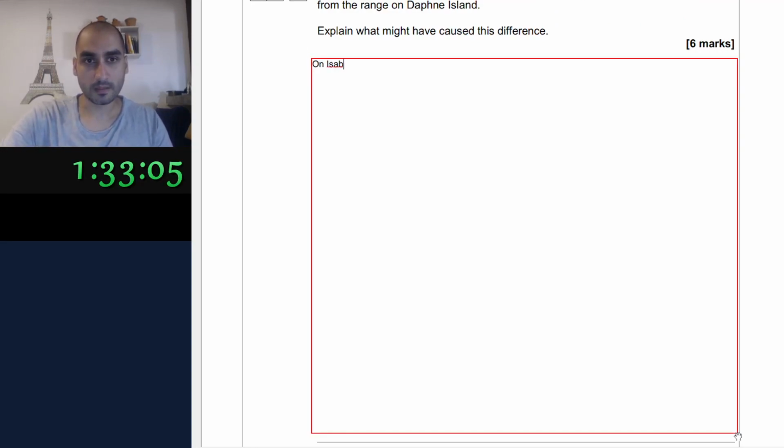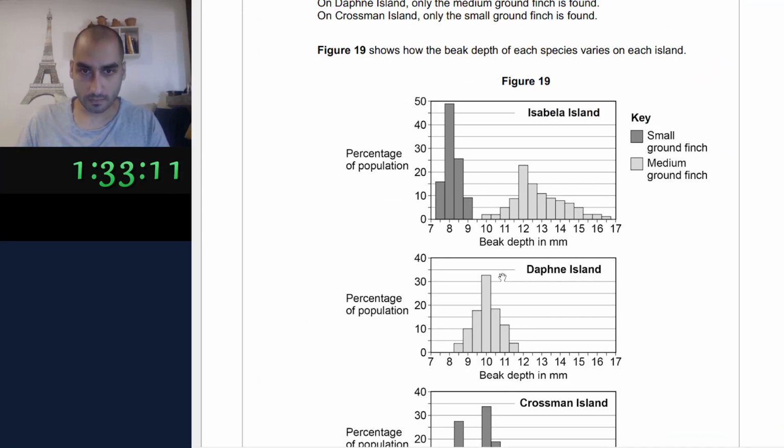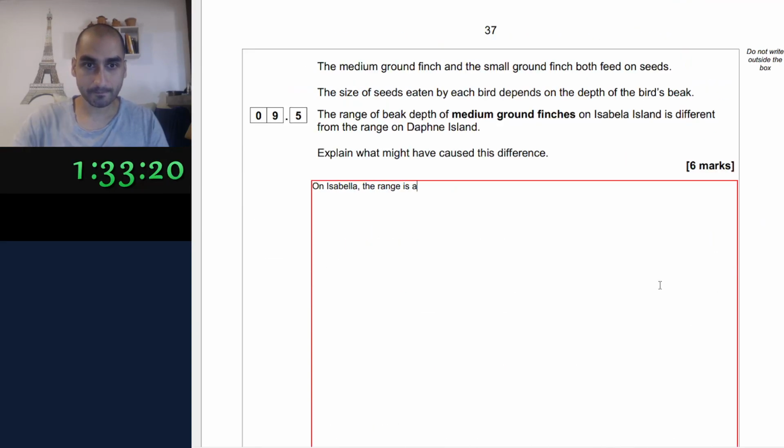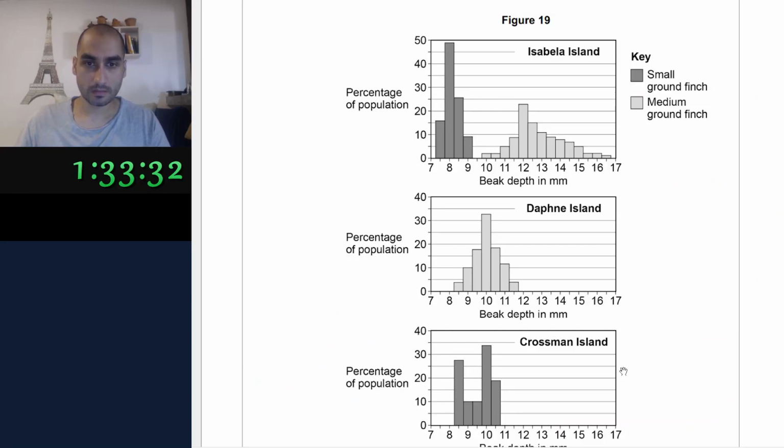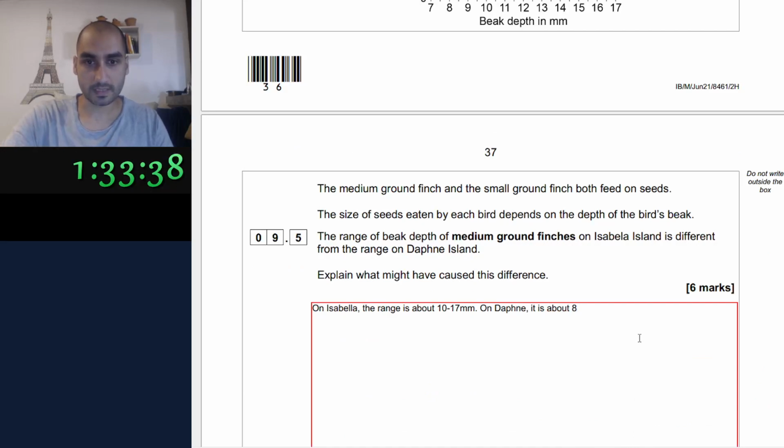On Isabella, the range is about 10 to 17 millimeters. On Daphne, it is about 8 to 12 millimeters. Overall, less beak depth.